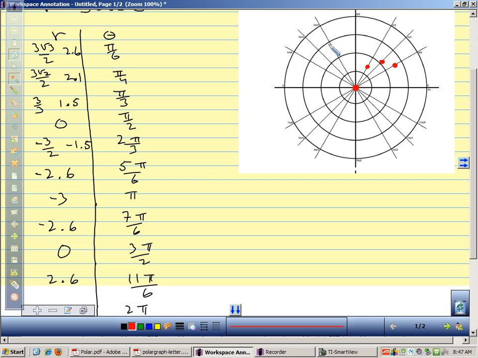So my 2 pi over 3 is here, my radius is negative 1.5, so I'm here. At 5 pi over 6, I'm here, and my radius is negative 2.6, so I'm going out to here.